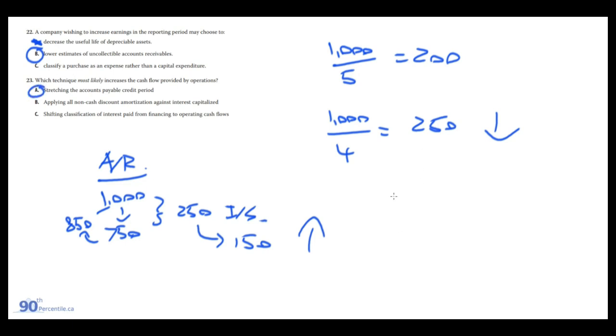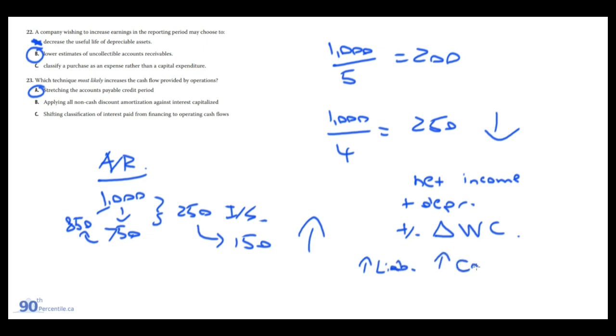Recall that when we do the cash from ops section of the statement of cash flows, you start with net income, then add back depreciation, and then plus or minus any change in working capital, and an increase in a liability is an increase in cash, right? The easiest example I always think of is when you issue debt, you're getting a loan, so you increase your liability and increase your cash.